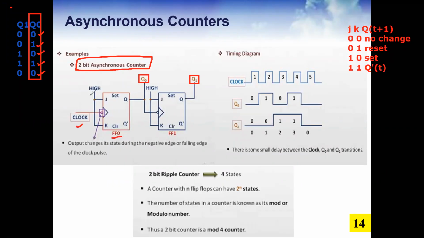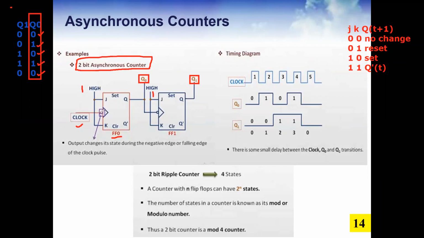But J and K are connected to high, yani 1. Why are they connected to high? So that the next value will be the complement of the previous value. Getting the point? Once J and K both are 1, whatever is the previous value, the next value will be the complement.